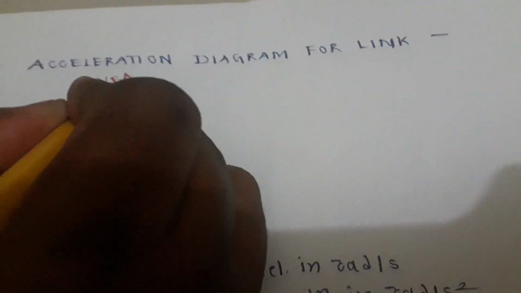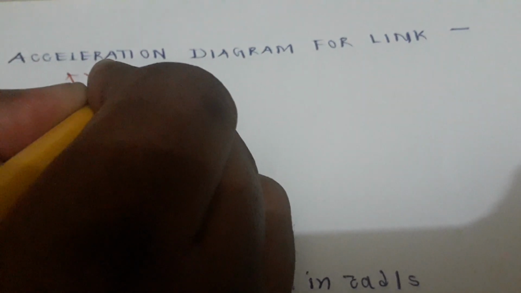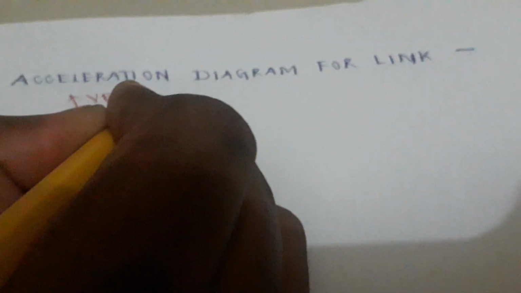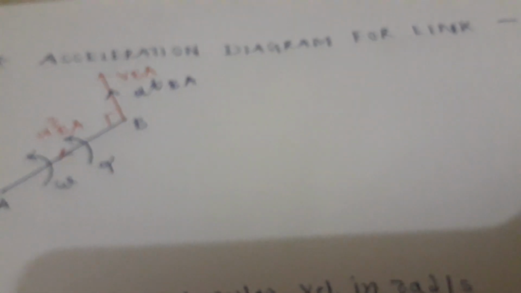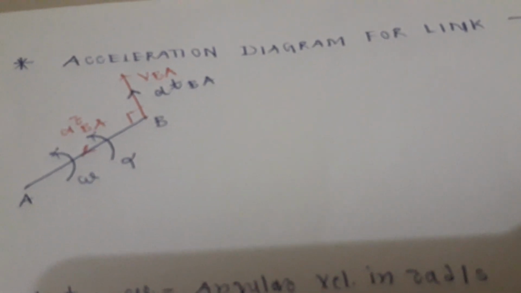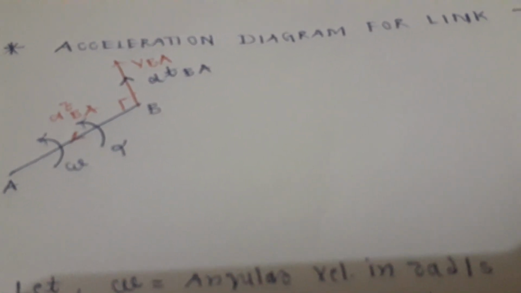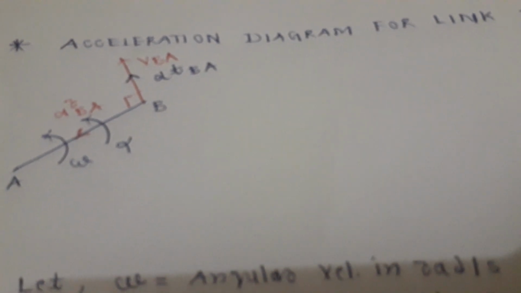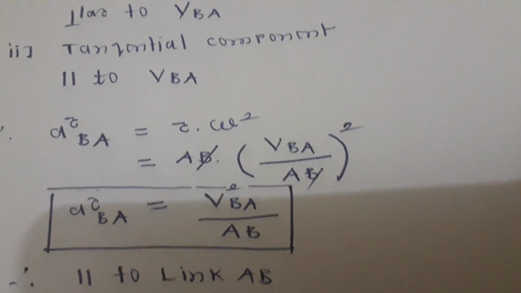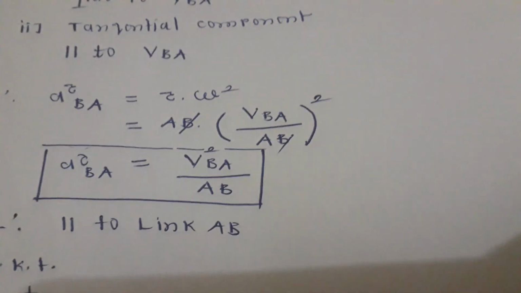So here you can locate the tangential component of acceleration of B with A. In either way we can take it, either parallel to the velocity or perpendicular to the link, like this. In this way we can represent the radial component of acceleration and the tangential component of acceleration.